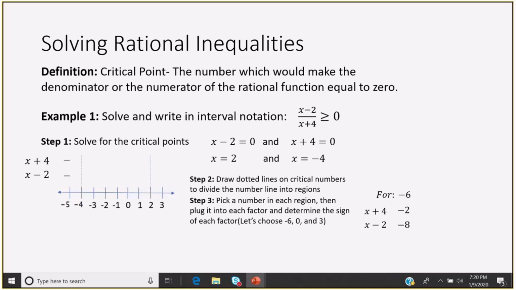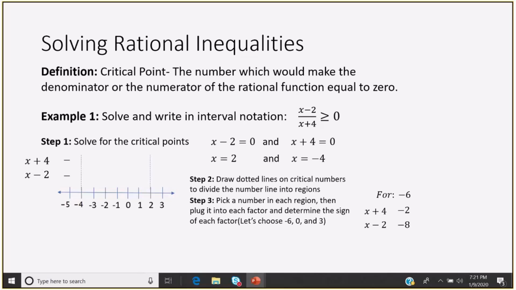The truth of the matter is, those numbers don't really matter. All I'm concerned about is the sign. If you picked a different number, like -10, you'll get different numbers, but you should still get that the top factor is negative in that region, and the bottom factor is negative in that region. And now I repeat that.